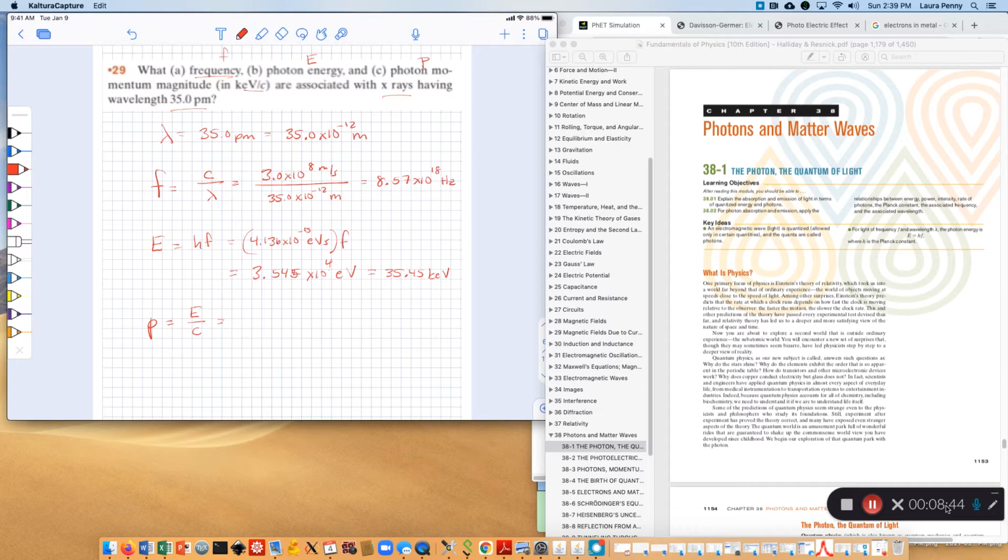And so this becomes 35.45 keV over c. I already have the energy in keV, and so I can just do it this way. I could also have done h over lambda here to get that same momentum, but since I already had my energy in electron volts, it was easy enough to do it that way.